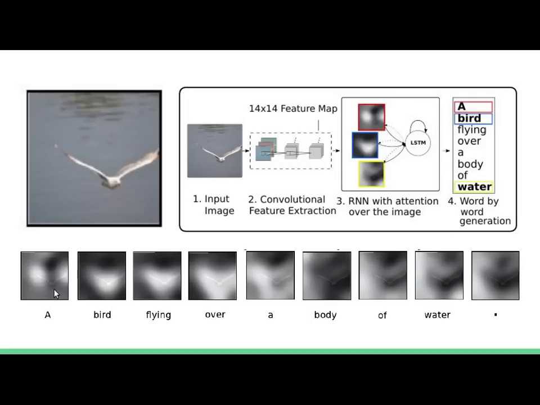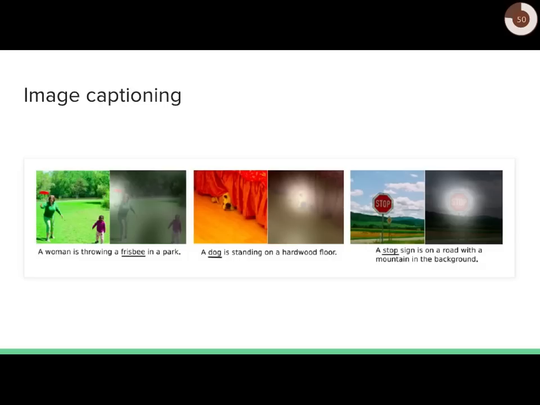So it decodes with an attention what something is doing in an image, and it can caption the image. So here, a bird flying over a body of water. So it really looks at things through time. It starts with a bird, highlighting the bird, the attention is there, and then it moves to the body of water, and I think it's impressive.